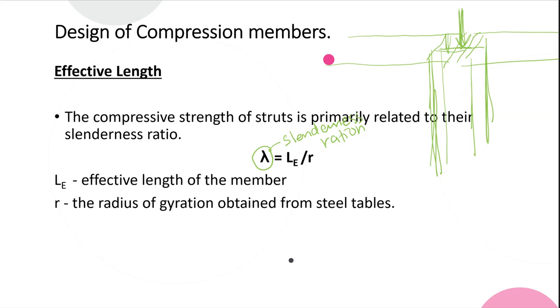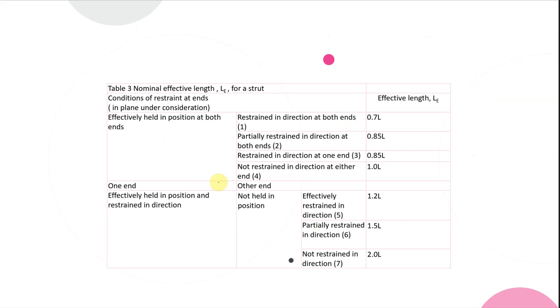And effective length, this one is actually based on this. If you look at this table, so you will see table 3, nominal effective length LE for a strut, effective length. So here you nampak macam ada factor dekat depan darab dengan length.